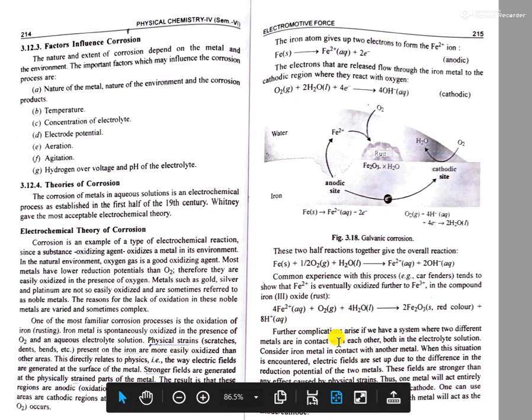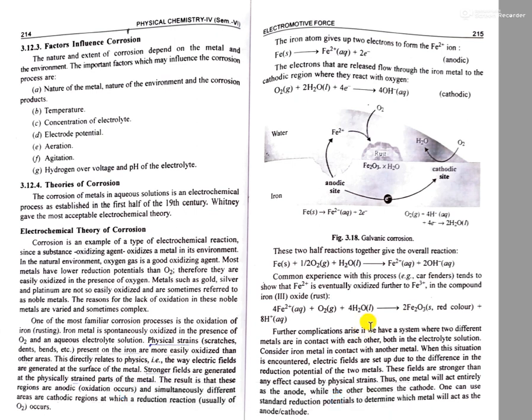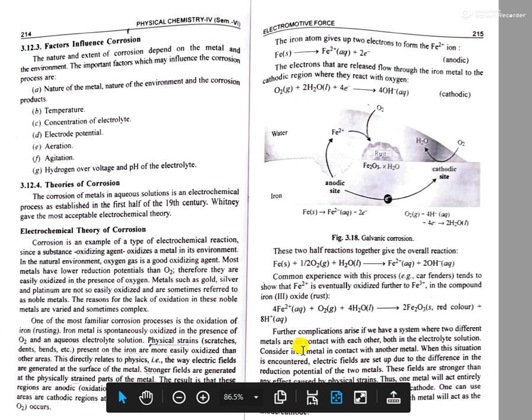Now consider if two different metals are in contact with each other. Two different metals will have different oxidation or reduction potentials. Therefore, in such a case, the reaction is even more complicated. So, consider an iron metal in contact with another metal.